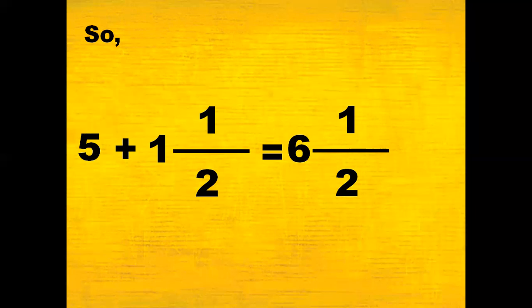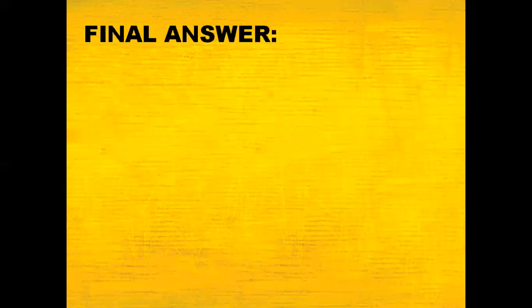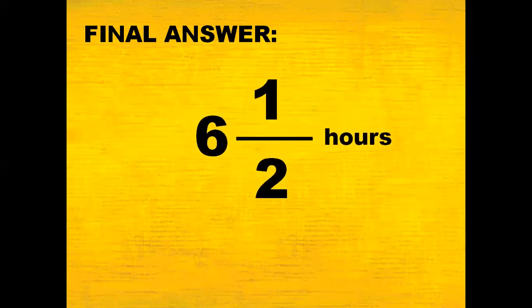And 1 and 1/2, we get after we change the improper fraction into a mixed number. So 5 plus 1 and 1/2 will give us 6 and 1/2. So the final answer is 6 and 1/2 hours.